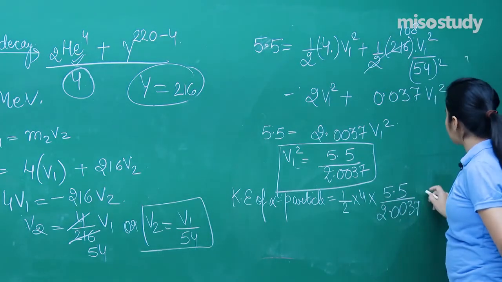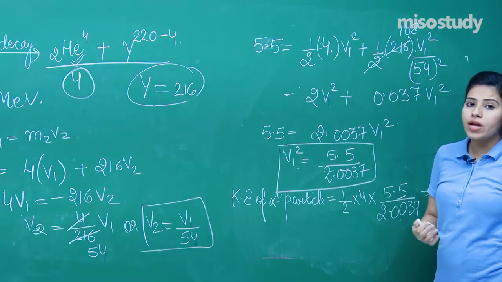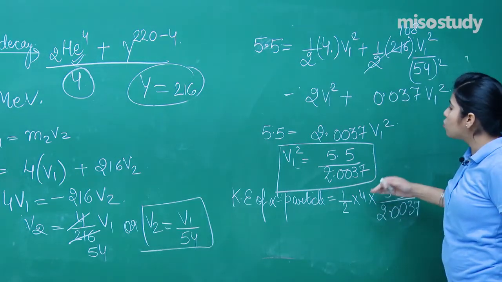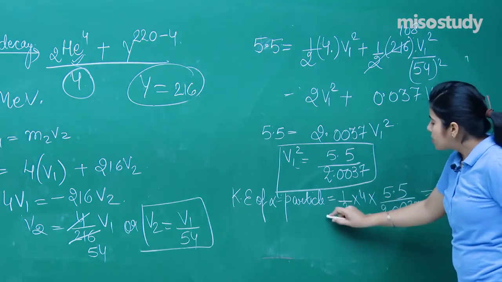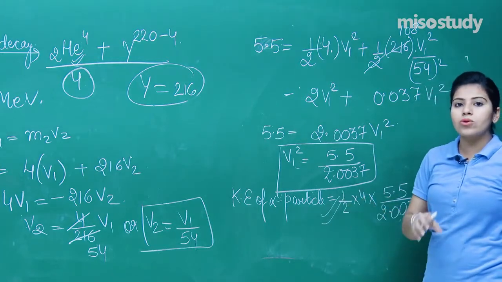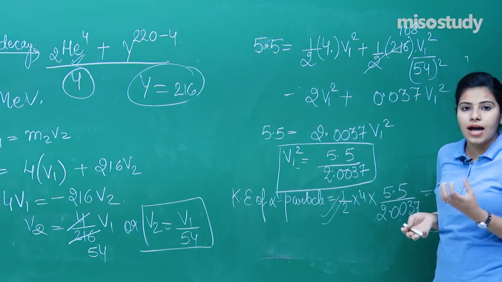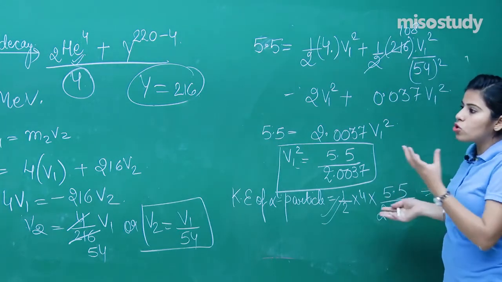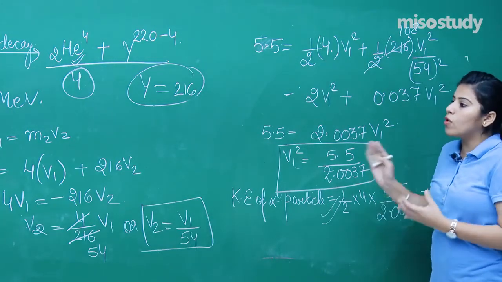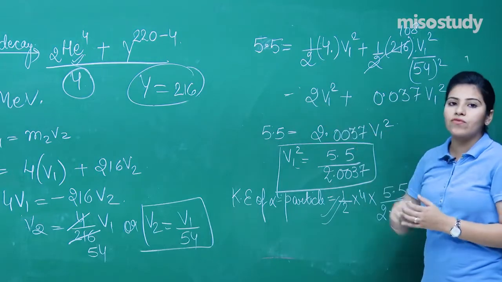Now bring out your calculator and do it with me, because till here we have reached the position where we just put in the value and get the answer. Whatever value you get will be your final answer.